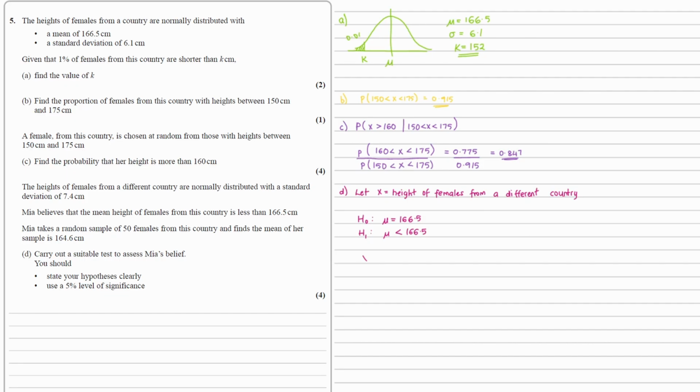So we can now say that the sample mean is normally distributed with a mean of 166.5, and we will write the variance as 7.4 squared divided by the sample size, which is 50, which means that the standard deviation is going to be 7.4 divided by the square root of 50.